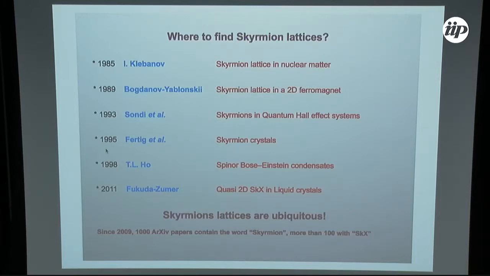This was the first mention of these lattices appearing in nuclear matter in 1985.